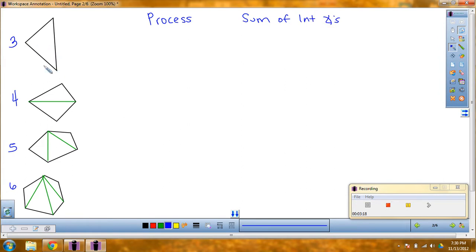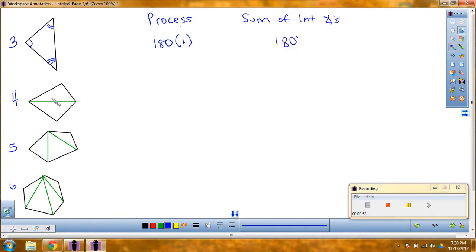For a 3-sided figure, a triangle, we should know what the sum of the interior angles is. By adding up all 3 angles, we know that we have 180 degrees. This is using the fact that we have one triangle, which is 180 degrees. So that's going to be 180 times our one triangle, which is equal to 180 degrees.